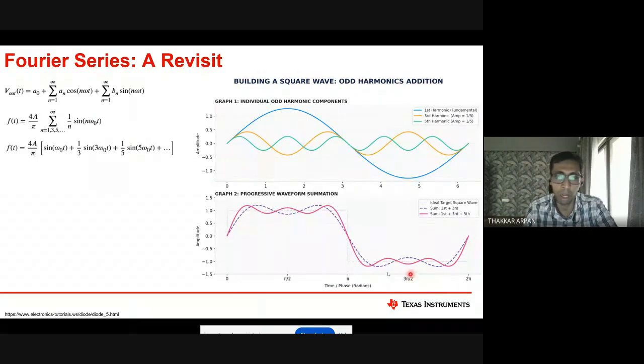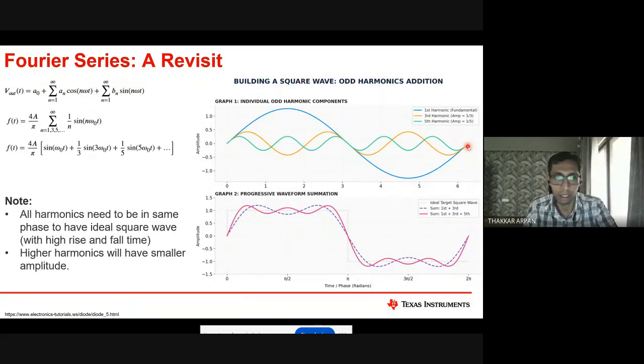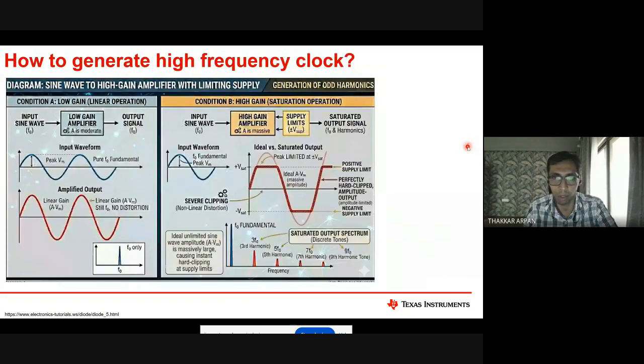So let's say you have a 2.4 gigahertz BAW, and you want to generate 7.2 gigahertz of another signal. What you do is take this blue signal, make it a square wave, and then filter out all other harmonics.